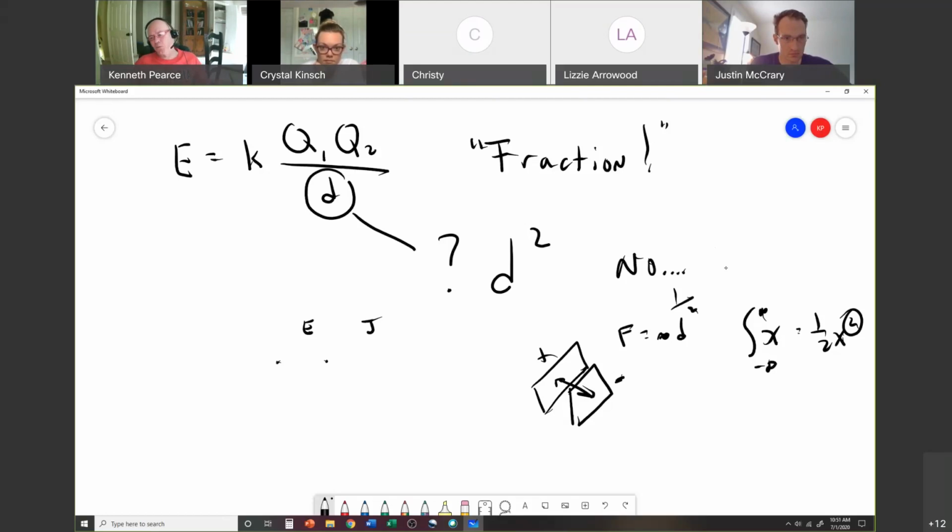And the answer is no. So your first instinct as a sciencey Padawan is that it is going to be a square, but it's not. Great question. Let me erase this so we can move on.